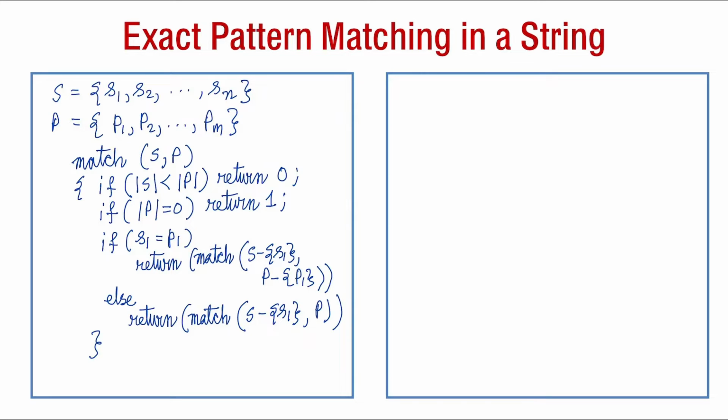It's a straightforward algorithm, and as you can see, this is an order n into m algorithm, where every starting point from S is checked for every element of P in the worst case. And this recursive algorithm can be easily converted into iteration.